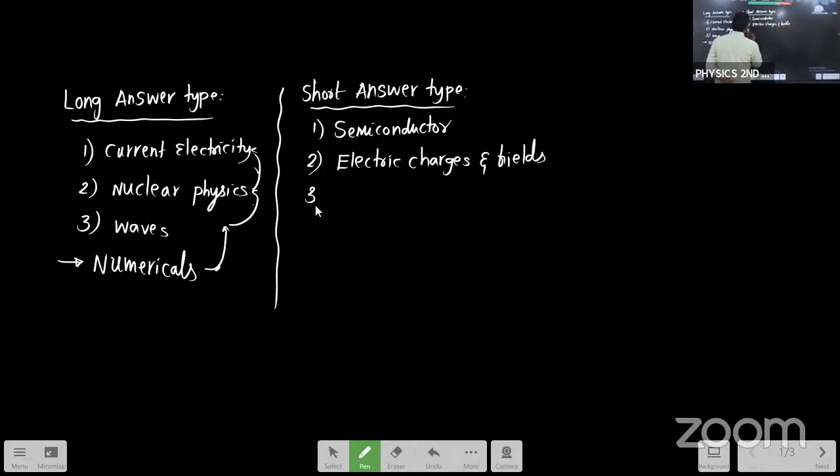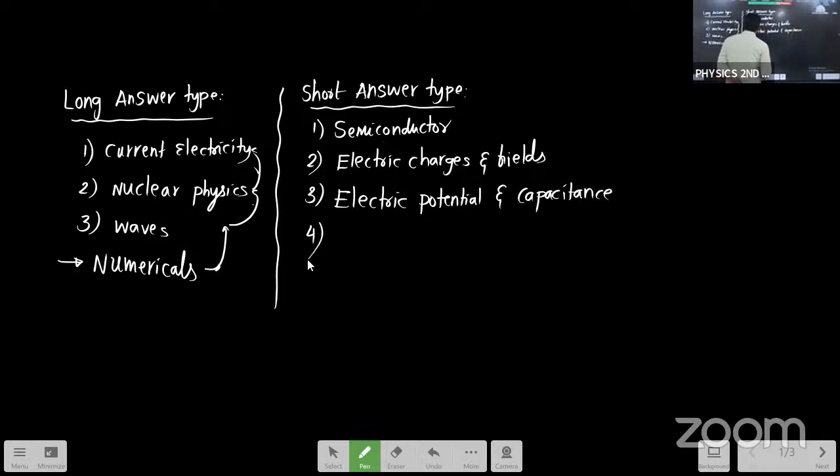Then we have discussed regarding electric potential and capacitance. Then we have discussed one more chapter that was ray optics. Then wave optics. Then we have discussed moving charges and magnetism.